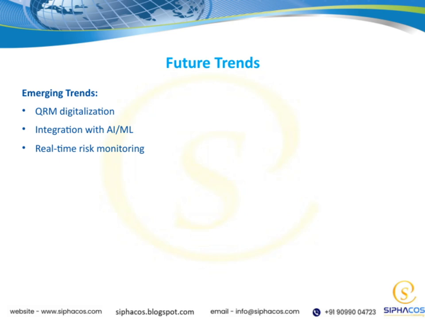Finally, real-time risk monitoring is gaining traction, enabling us to keep a constant pulse on potential risks as they evolve. Altogether, these emerging trends are driving us toward a more agile and proactive approach to risk management, aligning perfectly with the overall goal of staying ahead in a rapidly changing environment.